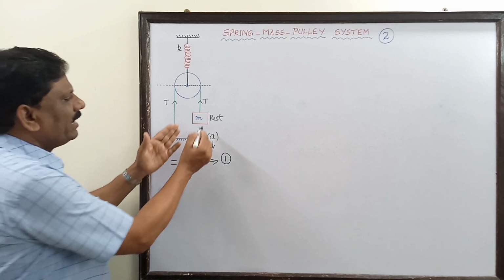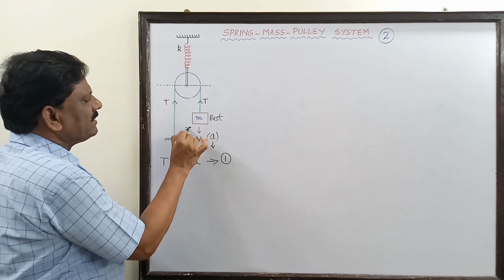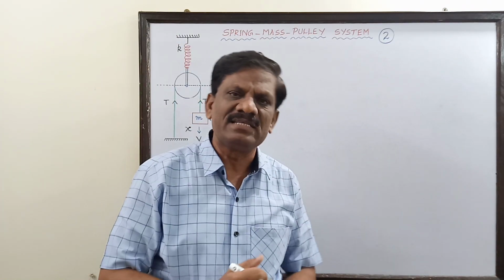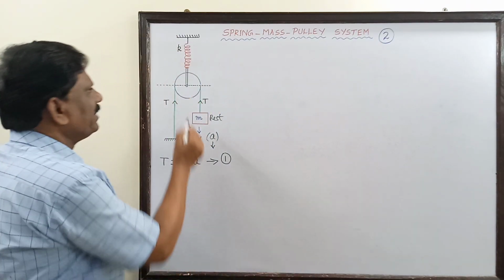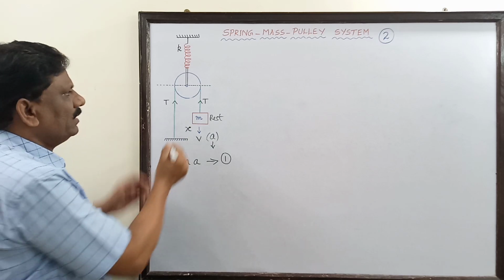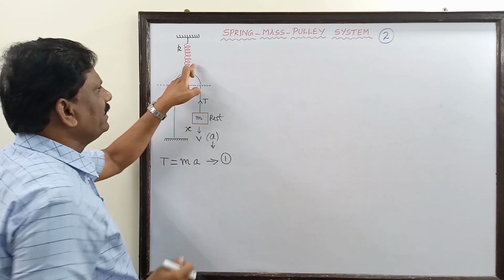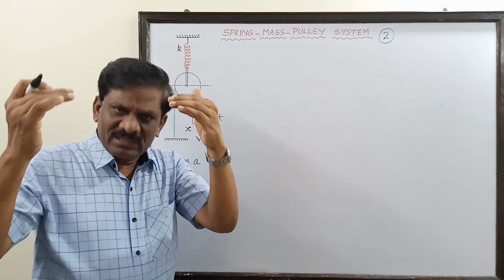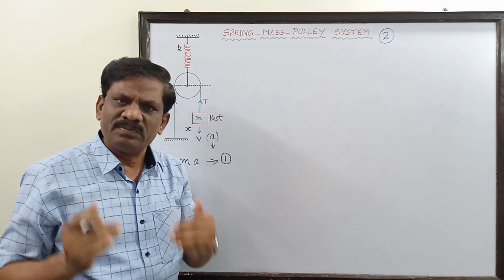When I pull this through some distance x in the downward direction, the mass is coming down through some distance x. At the same time, what will happen to the pulley? The pulley is suspended in support with the spring, so the entire pulley will be stretched down along with the spring.